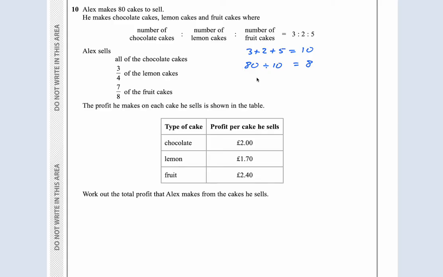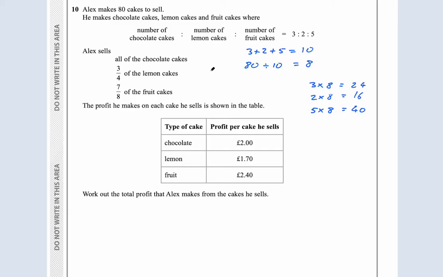And then we do 3 times 8 is 24. 2 times 8 is 16. And 5 times 8 is 40. So that means he has this many chocolate cakes, this many lemon cakes, and this many fruit cakes.